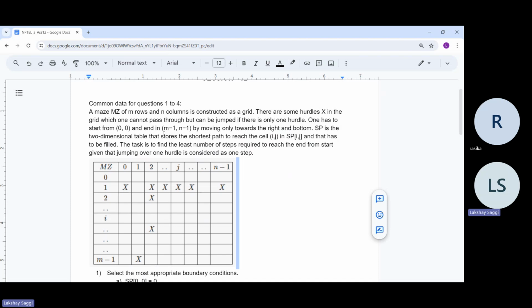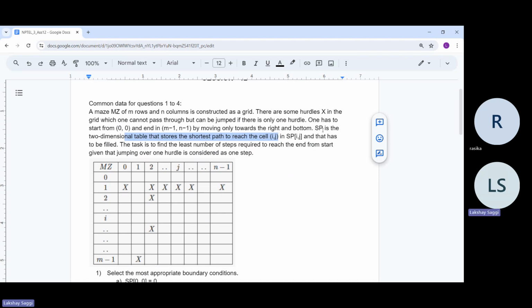What we can do is we cannot pass through the hurdles, but we can jump over a hurdle if there is only one hurdle present. Now SP is the two-dimensional table that stores the shortest path to reach the cell i, j in SP[i][j].